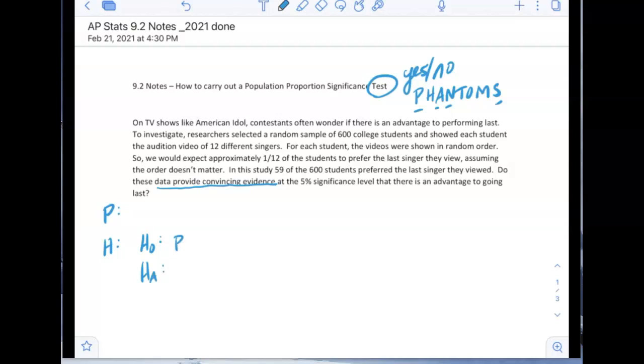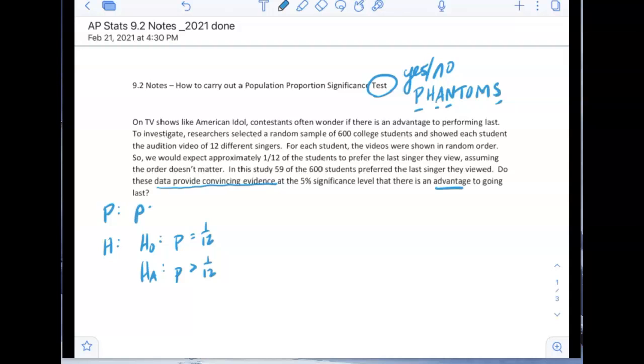They stated that the true proportion is 1/12. And then they're asking, do we have convincing evidence that there is an advantage? If there's an advantage, then that proportion would be greater than 1/12. Notice we are using population because we're trying to make a decision about what we think is happening in the true population. Up here is where I would identify what that variable is.